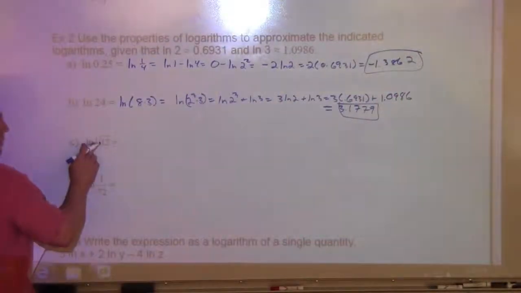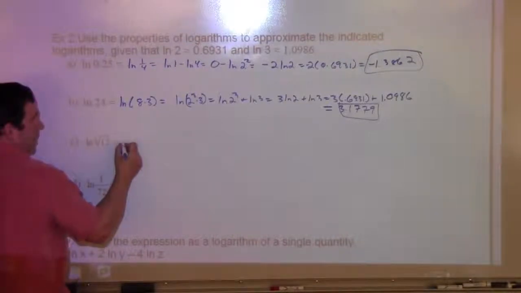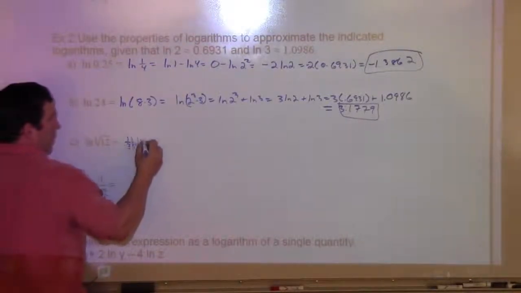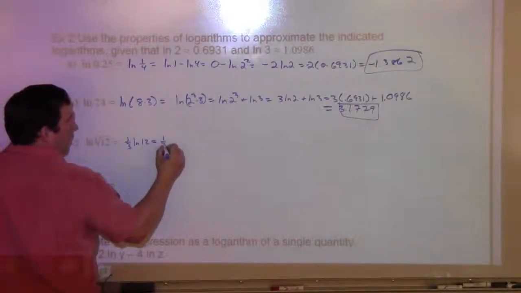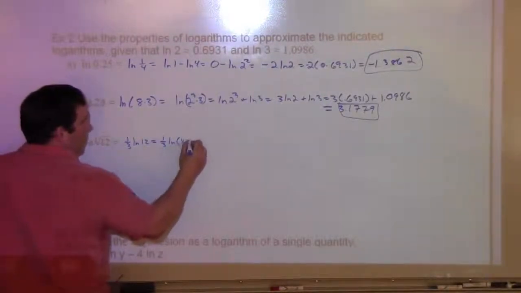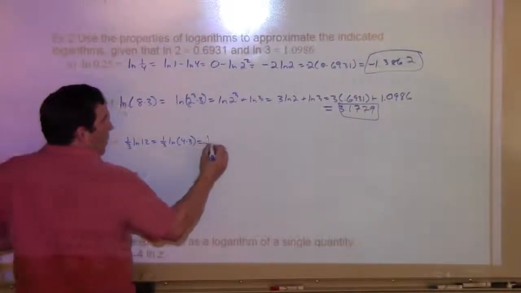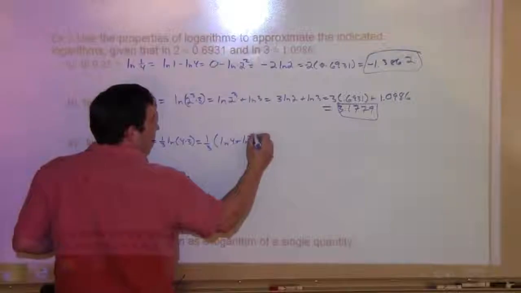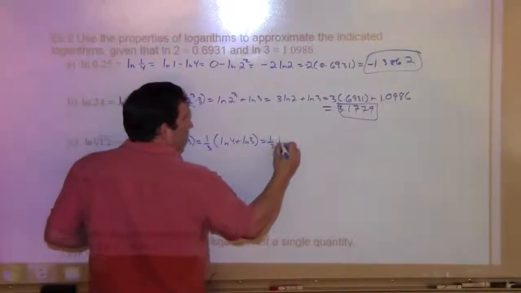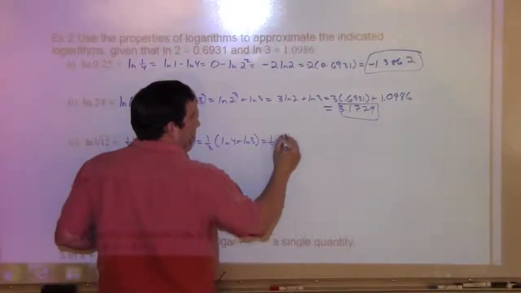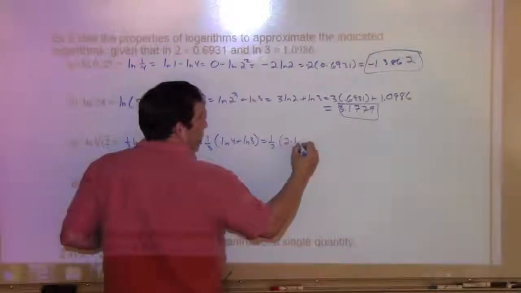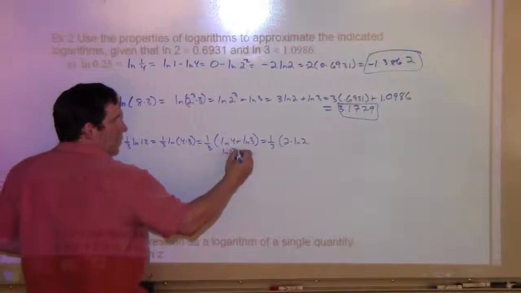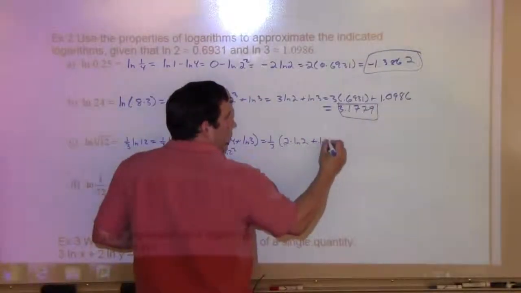Next one is natural log of the cube root of 12. That would become 1/3 natural log of 12, which is 1/3 the natural log of 4 times 3. It's 1/3 times the natural log of 4 plus the natural log of 3. Because natural log of 4, that's natural log of 2 squared, it's 1/3 times 2 times natural log of 2, plus the natural log of 3.